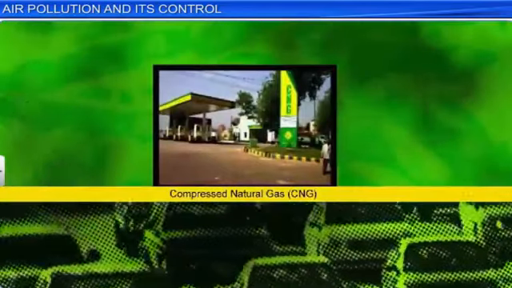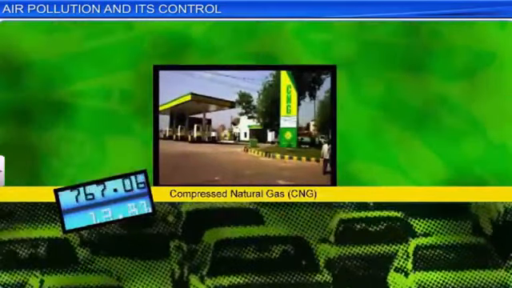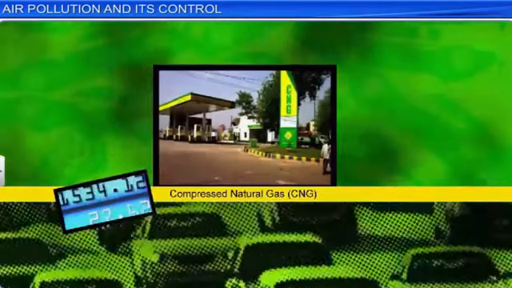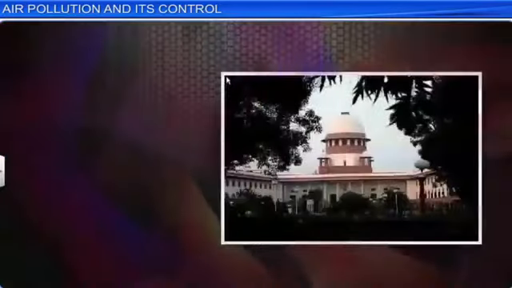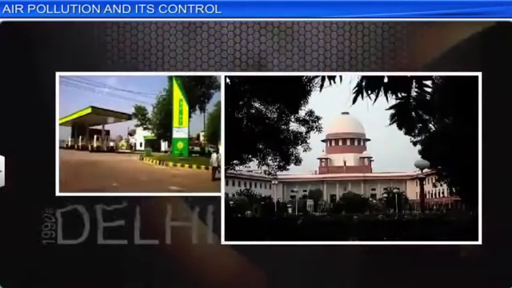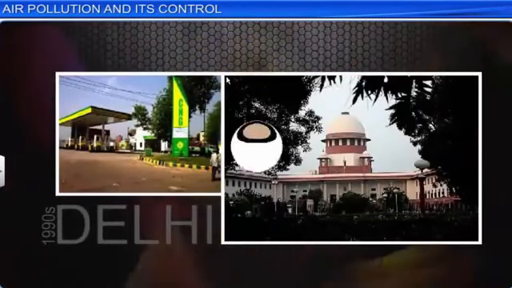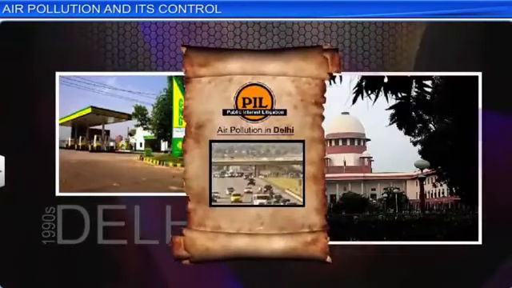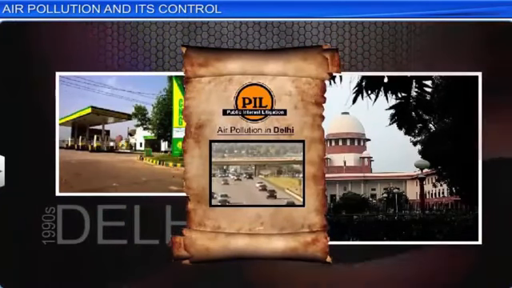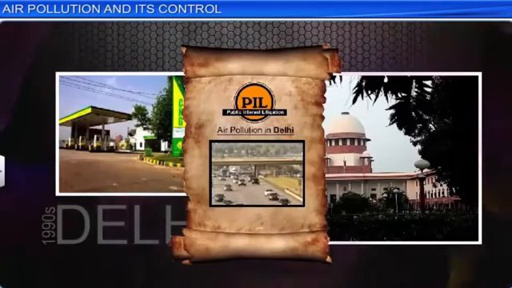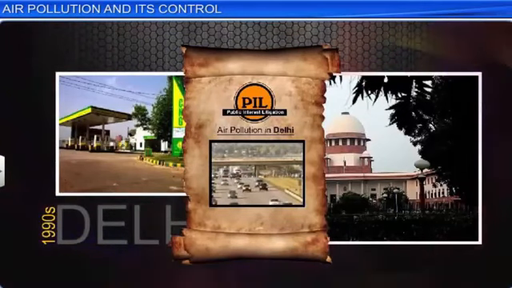In addition, the use of compressed natural gas or CNG has also proved very helpful in reducing air pollution. Interestingly, the use of CNG was accelerated when a public interest litigation was filed in the Supreme Court of India due to serious air pollution problems in Delhi in the 1990s.